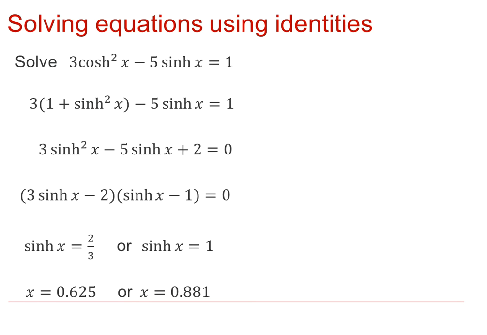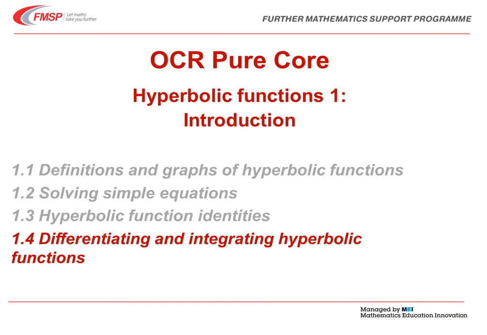You can verify these by putting them back into the equation if you wish. Other solution methods, such as using the inverse sinh function, will be considered in later videos. In the next video, we will differentiate and integrate hyperbolic functions.